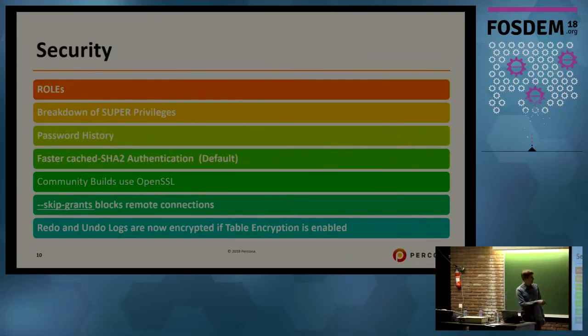But it also has a specially optimized cached version, so it can authenticate very quickly at the same time. OpenSSL is now used in both community and enterprise editions, right? So there are no confusing differences in behavior and available options.